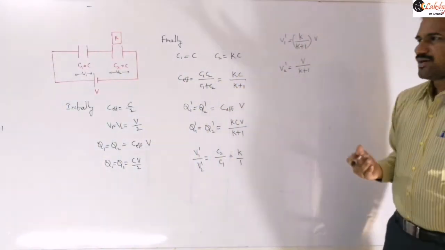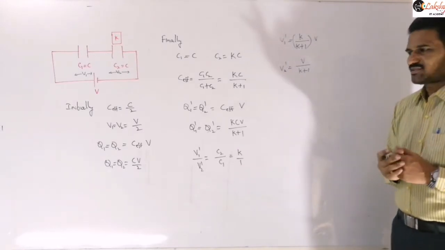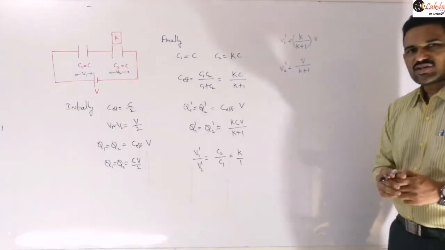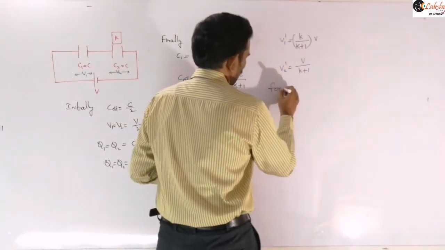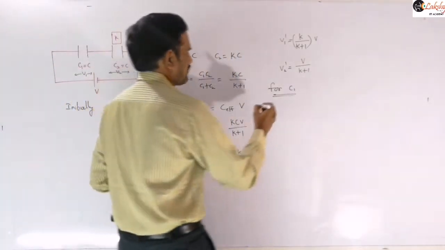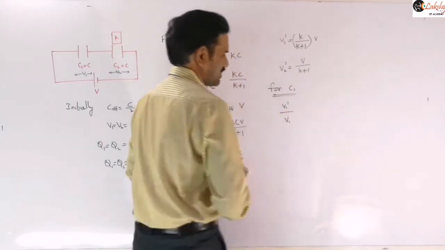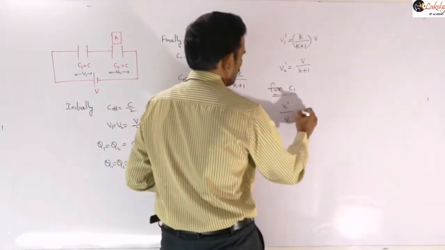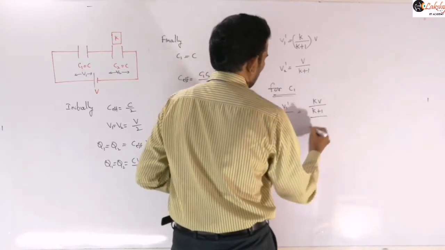And sometimes they may ask for the ratio between initial and final comparison. So if you are finding the ratio for C1, I am writing this ratio here: final potential difference by initial potential difference. So the final potential difference is KV by K plus 1, by the initial, which is V by 2.